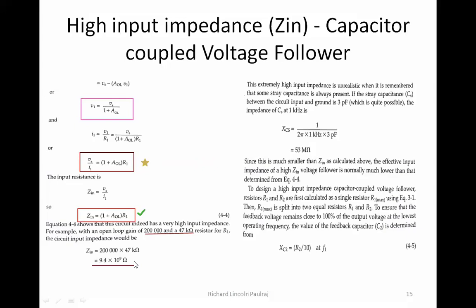Now also calculate this XCS, where C is capacitance and S is stray, so the impedance with the stray capacitance. Let's see if it's 53 mega.